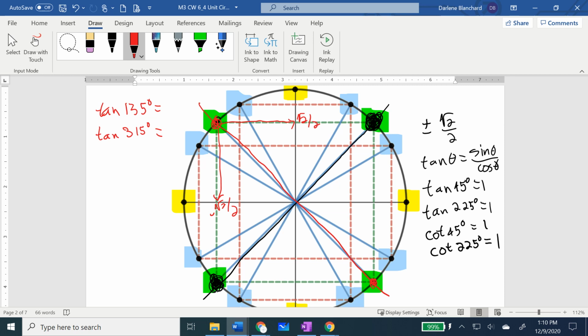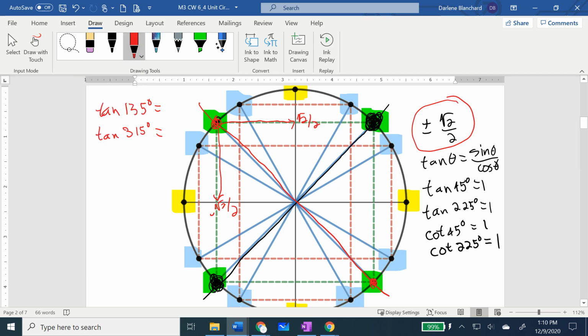You have to be careful with the 30-60 angles in keeping straight whether you're dealing with 1 over 2 or if you're dealing with root 3 over 2. I'm pointing out when sine and cosine are root 2 over 2 because if you become aware of those, it makes this process a little bit less consuming.